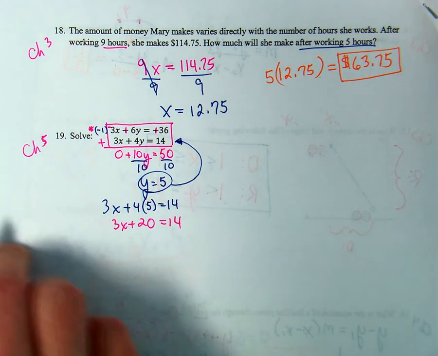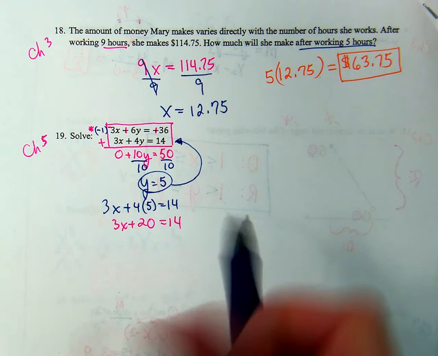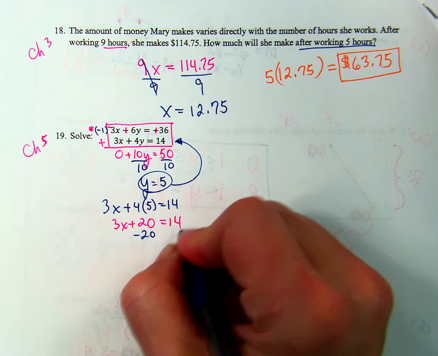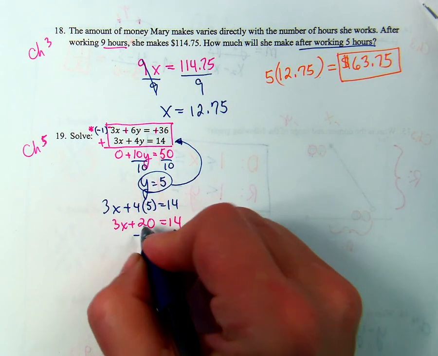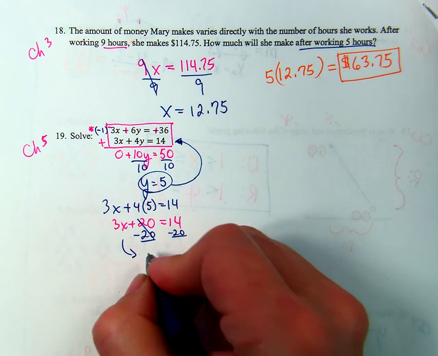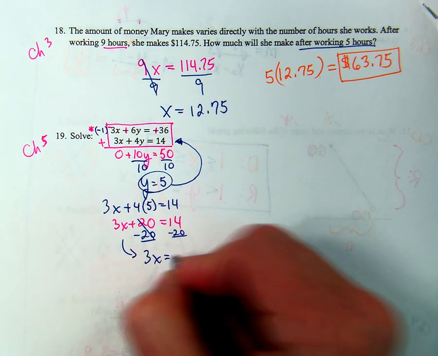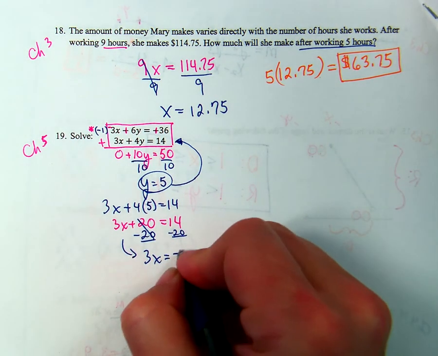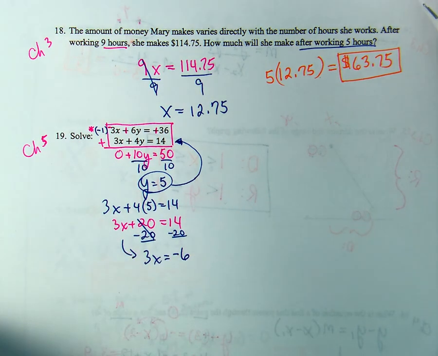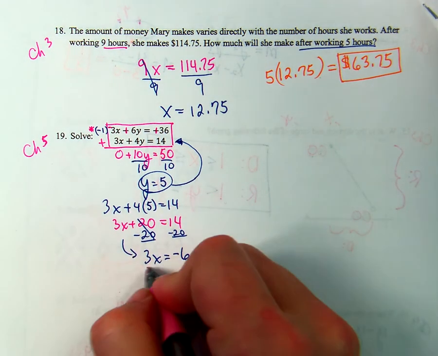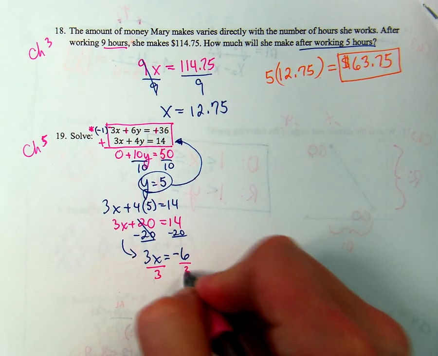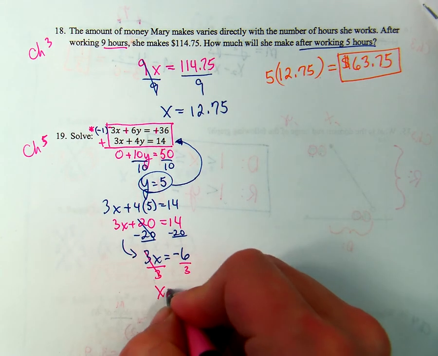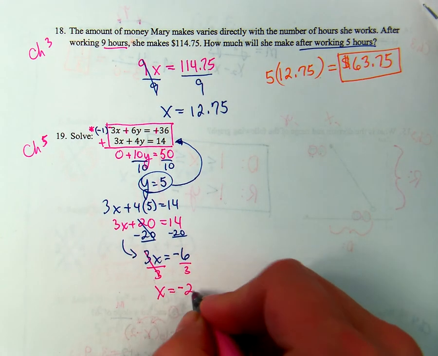And then to solve for x, I need to subtract 20 from both sides. That will go away. Bring your 3x down, still on the left side. And then 14 minus 20 is going to give me a negative 6. Here, I'm going to divide by 3 on both sides. That's going to give me x equal to a negative 2.